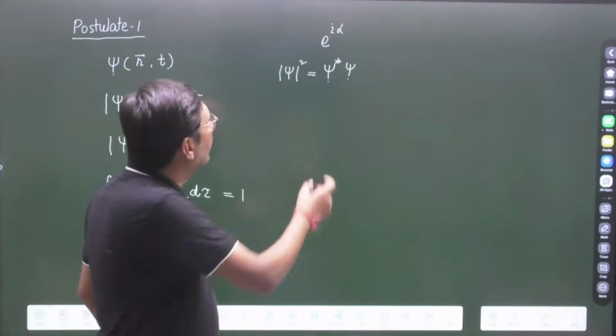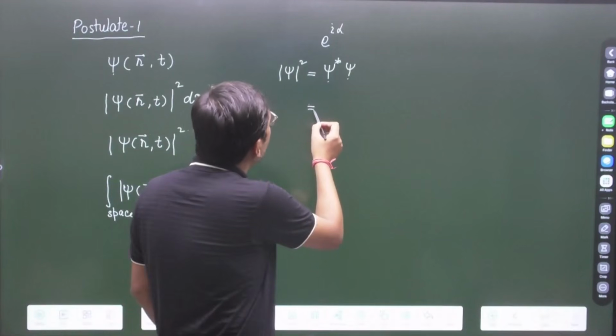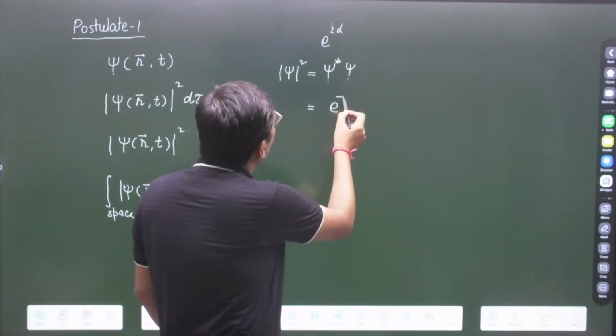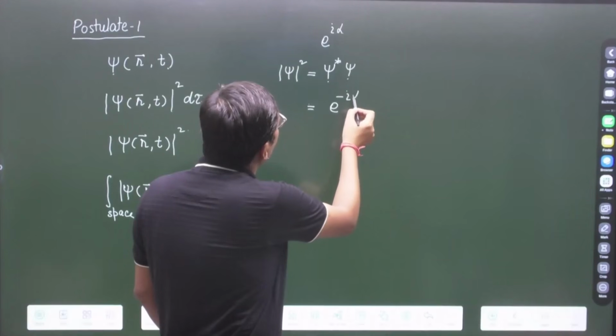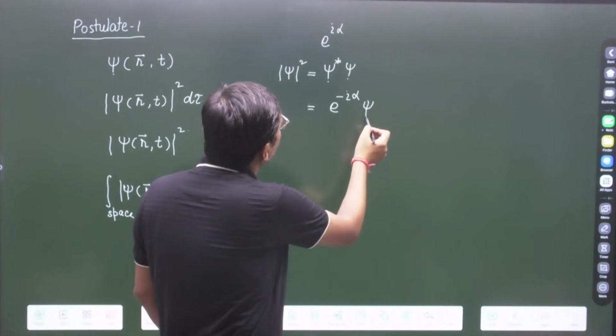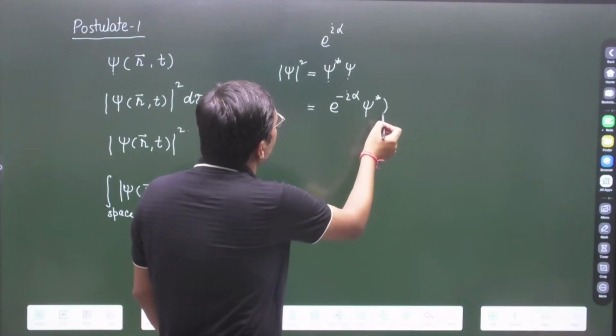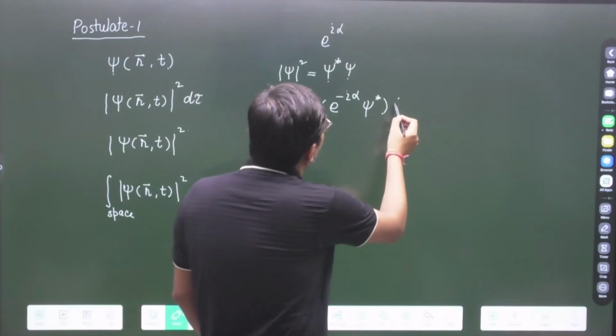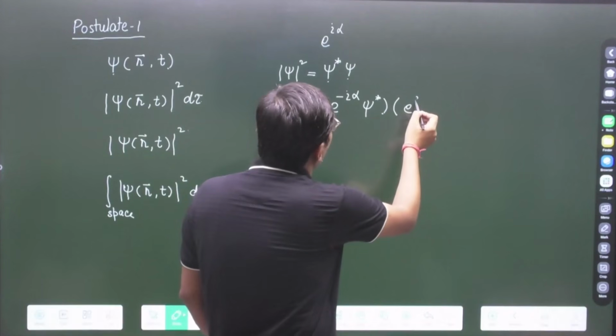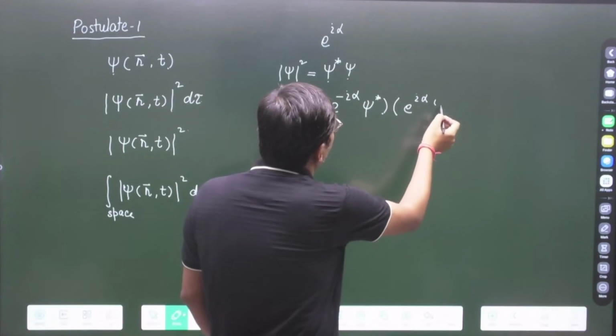So what will be the complex conjugate? It will be e to the power minus i alpha times psi star, multiplied by e to the power i alpha times psi.